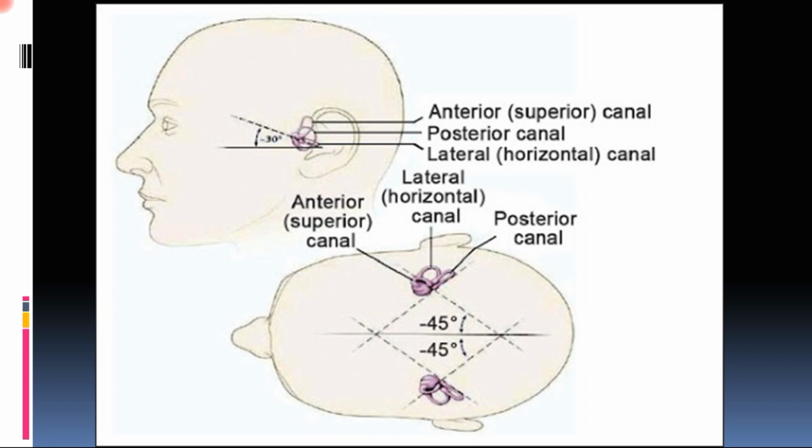The angle between anterior and posterior is 90 degrees, between anterior and horizontal is 90 degrees, and between posterior and horizontal is also 90 degrees. But as we can see here, there is a 45 degree outward projection of the anterior and of the posterior semicircular canal with respect to the center midline.